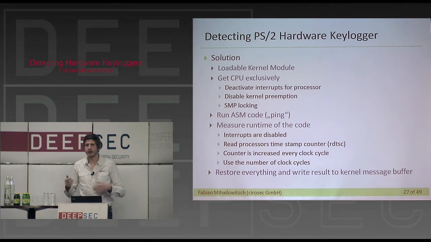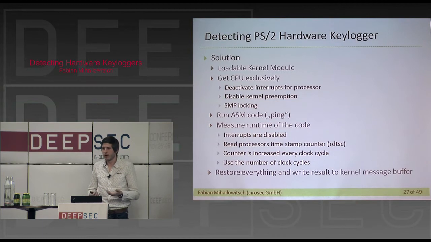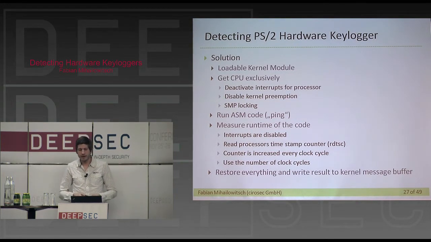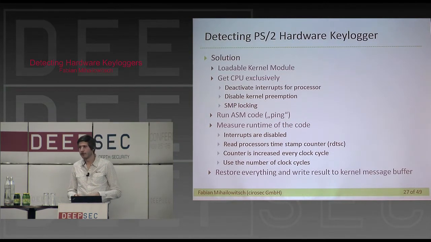If we want to, we can calculate the time from the number of clock cycles based on our CPU, but we don't need it either. We can just work with the clock cycles. It can't get more accurate, so I just use that. Afterwards, after my measurement, I write the result to the kernel message buffer so I can retrieve it from user land, restore everything, and we are fine.